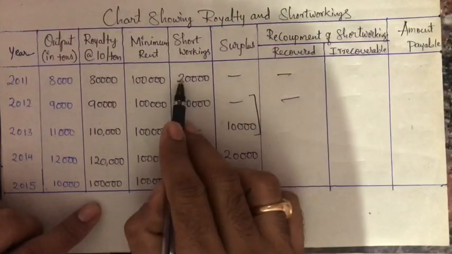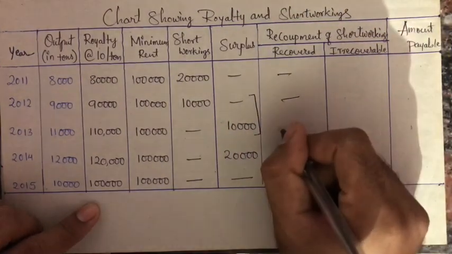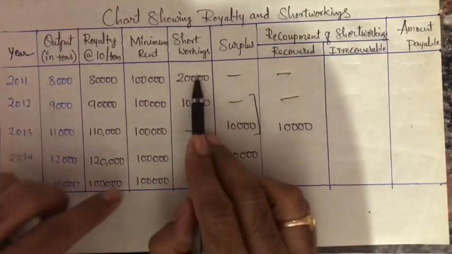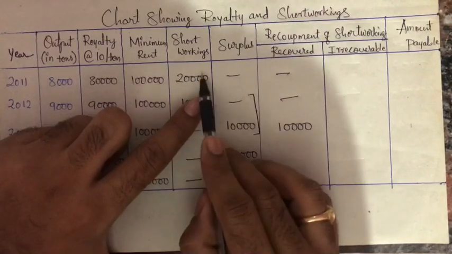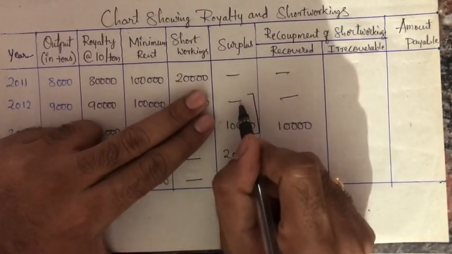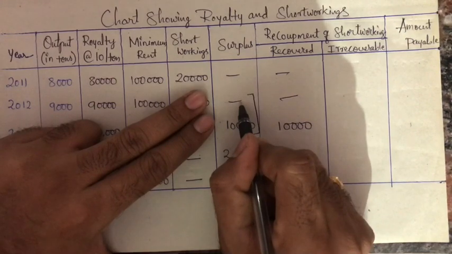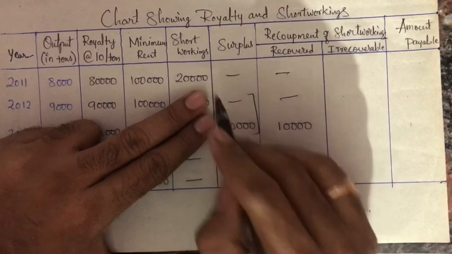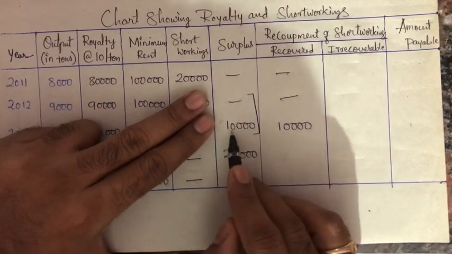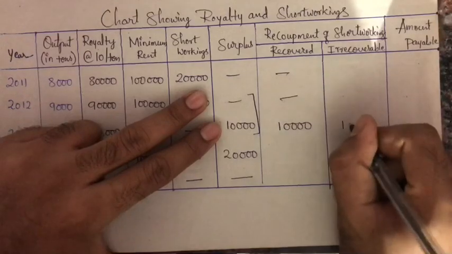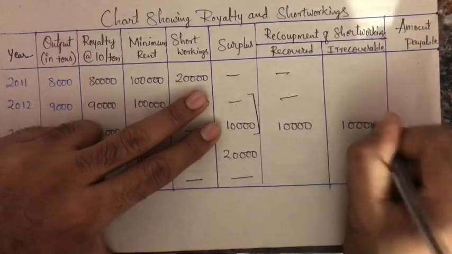So out of 20,000 we can recover 10,000 only here. This first 20,000 can be recovered in the next 2 years. Succeeding the first year we don't have any surplus, and the second year we have a surplus of 10,000. So out of 20,000, in the next 2 years we could recover only 10,000. What about the remaining 10,000? It is irrecoverable, we cannot recover that.